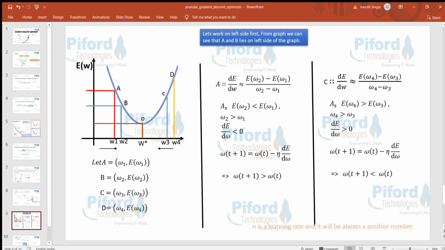In the same way, if I talk about B, what are the coordinates for B? W2 is the weight for B, and error of W2 is the error at this particular position. Same way for C and D. W3 and W4 are the weights, and E of W3 and E of W4 are the respective errors.